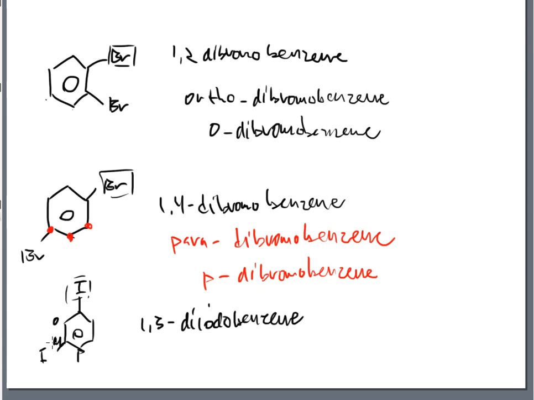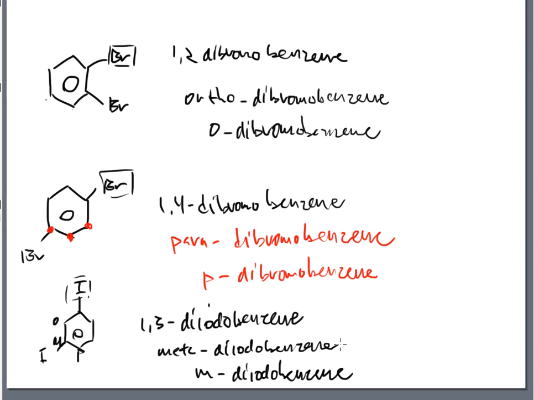So that is the M, which would be meta. So this is a meta diiodobenzene. I can shorthand that even more. As you can imagine, I can just write an M, diiodobenzene. And there you go. That's how we common name di-substituted benzenes.